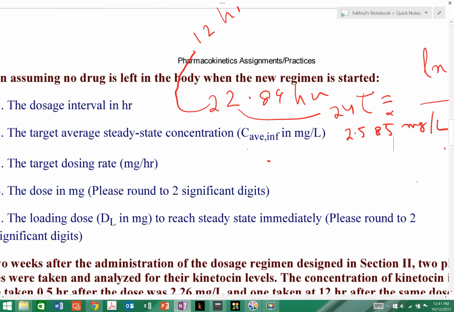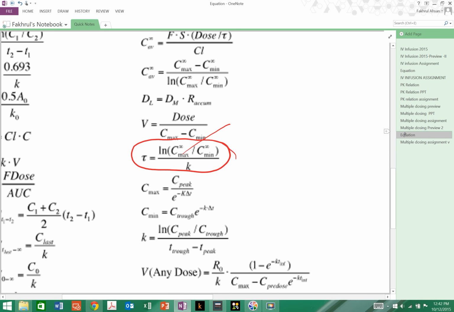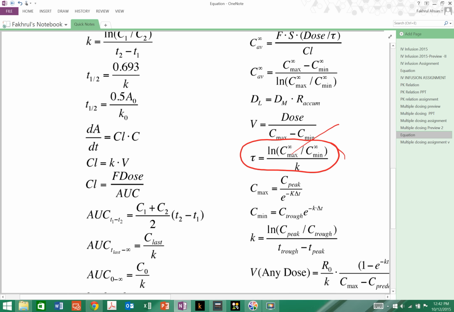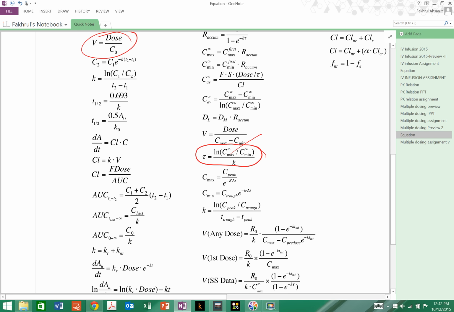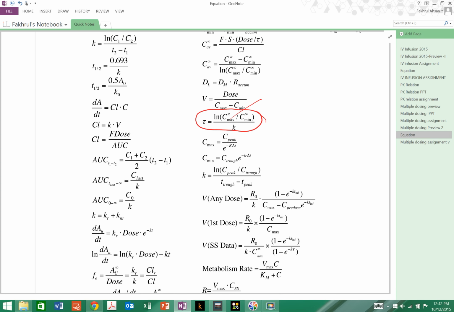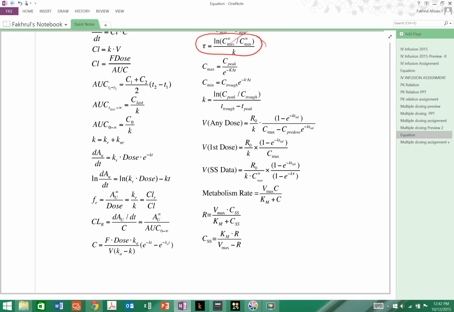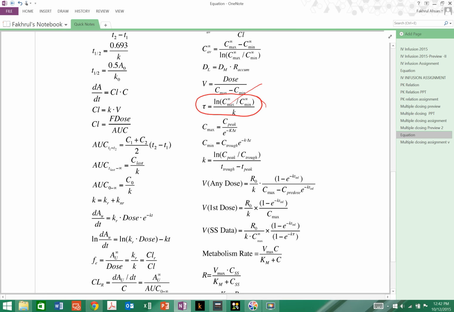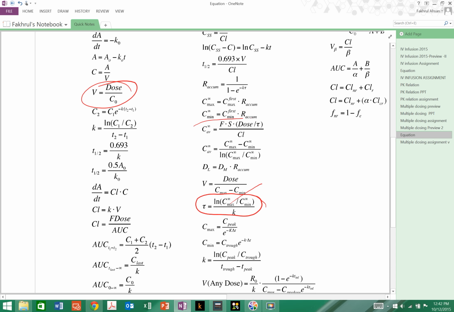Then we have to calculate the dosing rate. For dosing rate, we have to use that equation. Let's go back to the equation sheet. This is the equation.